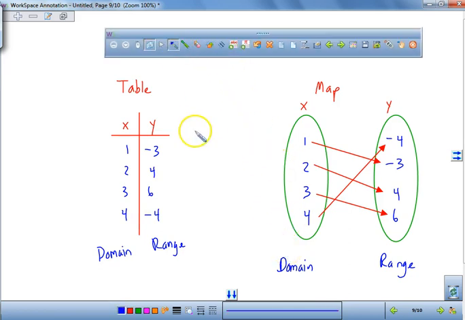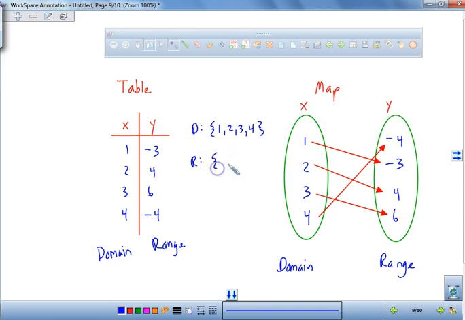But if they said, what's the domain? You write the set of numbers 1, 2, 3, 4. If they asked you for the range, you would say -4, -3, 4, and 6. And so there's the domain and the range.